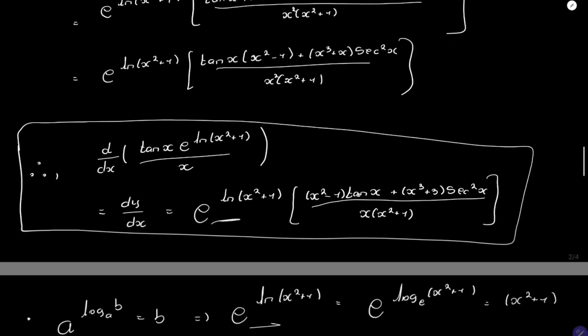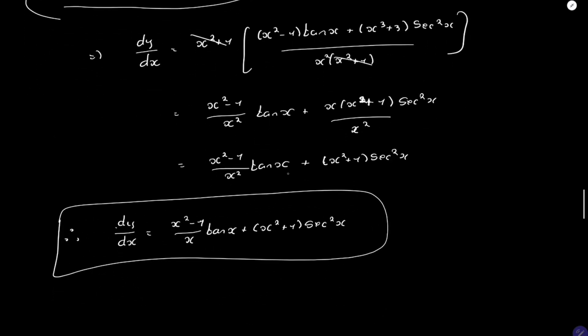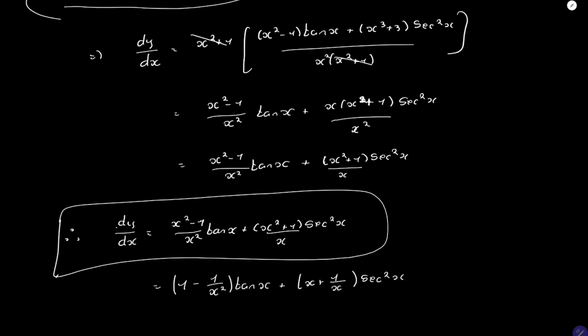We have x squared on x still here. And this can be simplified to 1 minus 1 on x squared, tan x, plus x plus 1 on x, sec squared x.